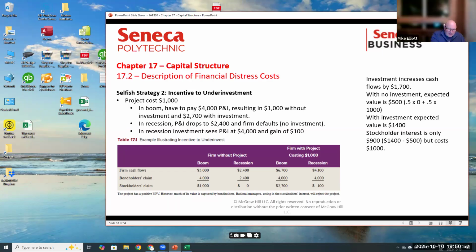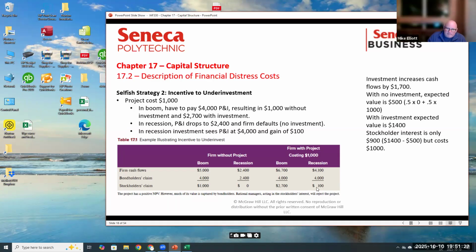Why would I invest $1,000 if my return is only $100? Now, what's my expected return? Well, in the first case, if it's a boom, I get $1,000. If it's a recession, I get zero. My expected return is 50% of this and 50% of that, which is $500. My expected return here is $900.